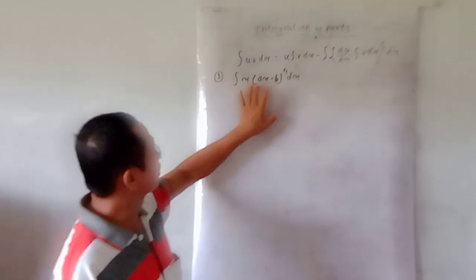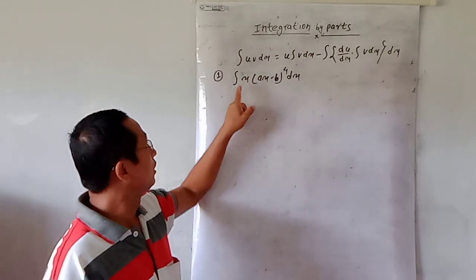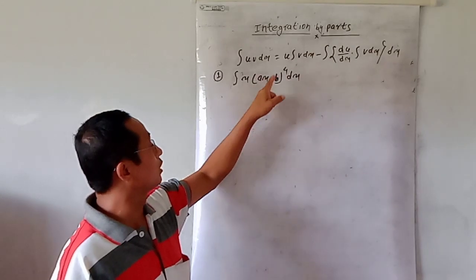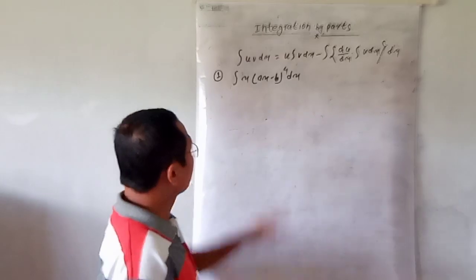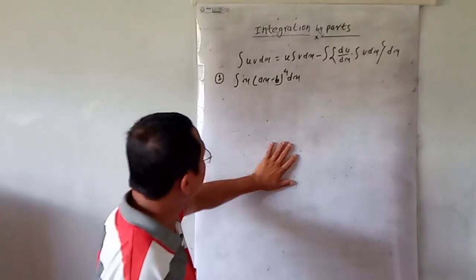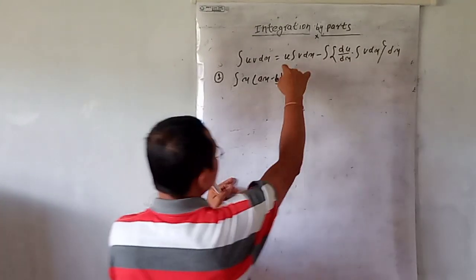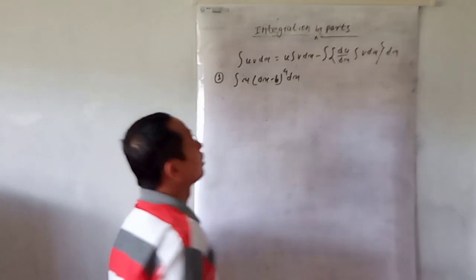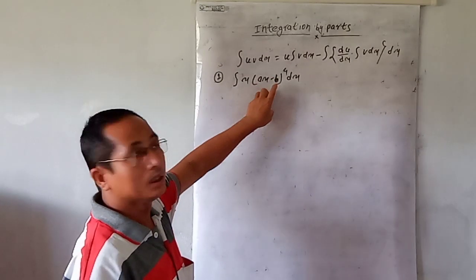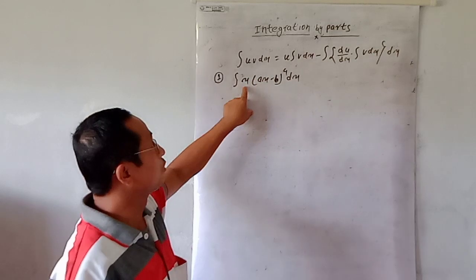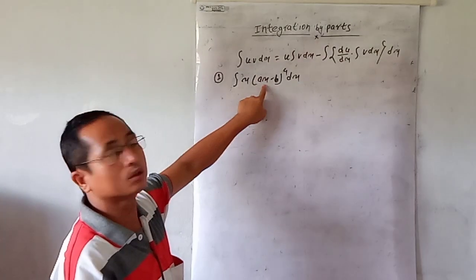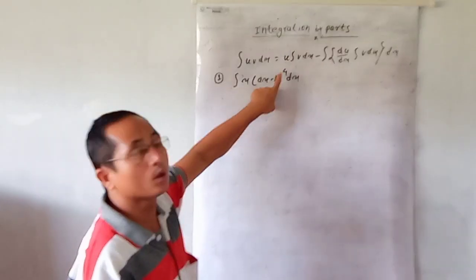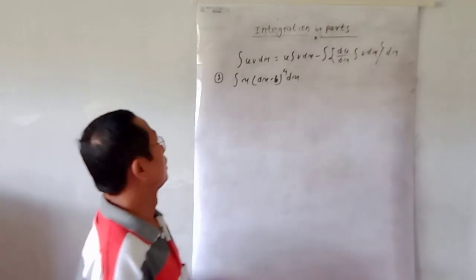I mean this function is in the form of a product, x into (ax minus b) power 4 dx. So when we calculate the integration of this, we need to use this very formula. We let u be equal to x and v be equal to (ax minus b) power 4.